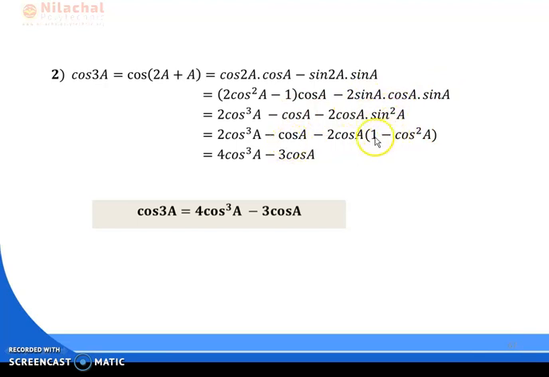Sin square a equals 1 minus cos square a. So, what do we get? 2 cos cube a minus cos a, 2 cos a minus 2 cos cube a. So, now we get 2 cos cube a and another 2 cos cube a. Then there are 4 cos cube a minus 3 cos a. So, what do you get? The formula is that cos 3a equals 4 cos cube a minus 3 cos a.